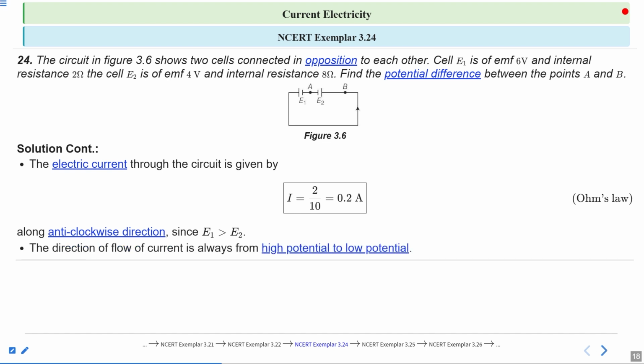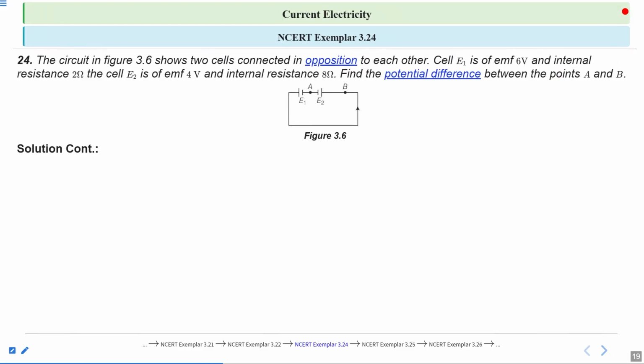The direction of flow of current is always from higher potential to low potential. We know that direction of current is always from high potential to low potential. Current is flowing from positive potential to negative potential. Since current is flowing from point B to A through E2, in the anti-clockwise direction in the circuit, from B to A through E2 cell.